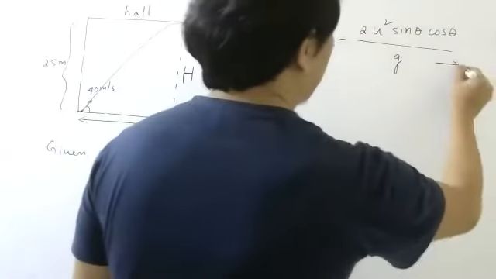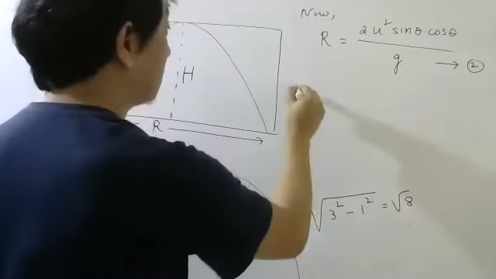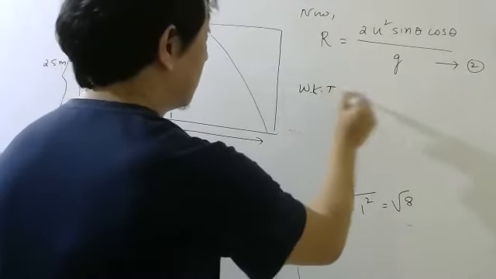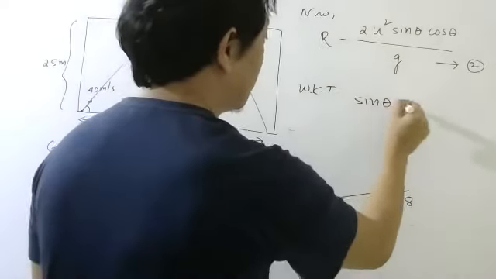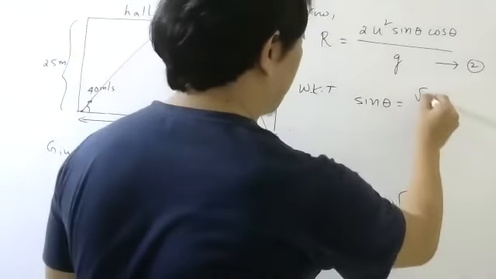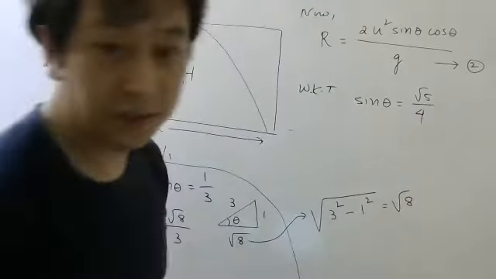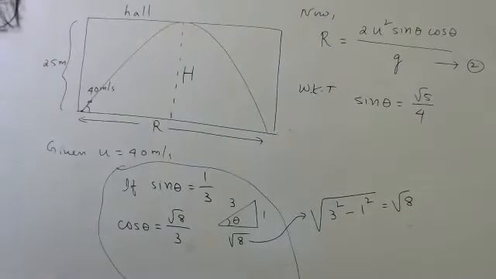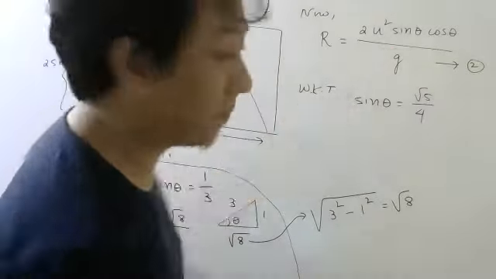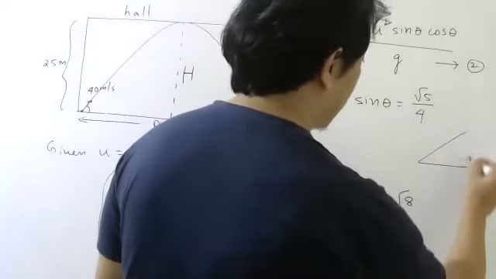So let me call this equation 2 or something. Now, we know that sin theta, how much we got, students? How much was the value of sin theta? Root 5 by 4. Right? Okay, root 5 by 4. So using this kind of trick, we will try to calculate cos theta. So we will draw a triangle.